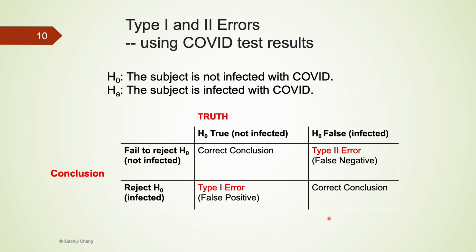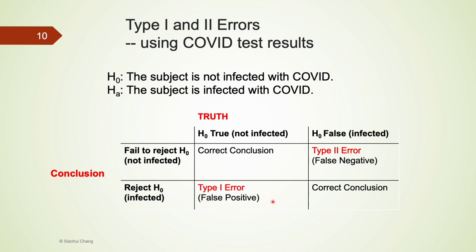Here, we use a somewhat different example to demonstrate these 2 types of error. We consider the subject is not infected with COVID as null, and the subject is infected as alternative. Type 1 error would be when in reality the subject is not infected, but we conclude he is, so it is a false positive.